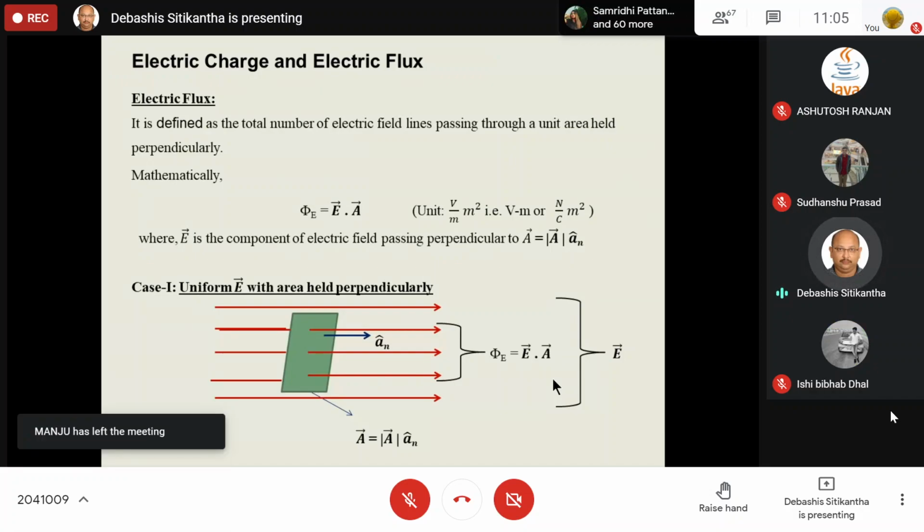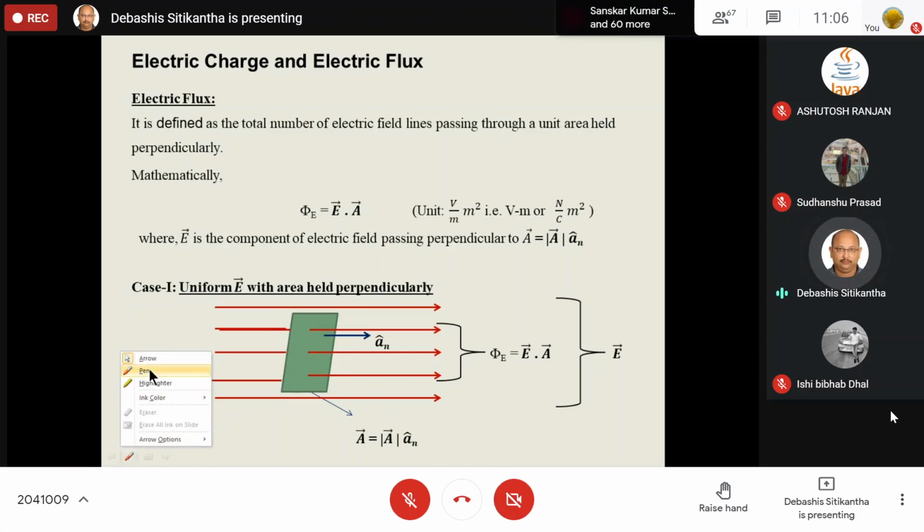Mathematically, we derived that phi E is equal to E vector dot product A vector. And in order to differentiate between magnetic flux and electric flux, we introduced E as the subscript, because this differentiates between electric flux and magnetic flux.